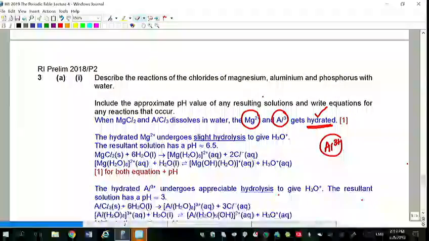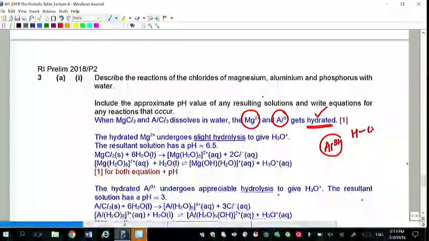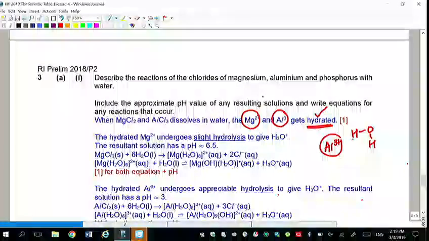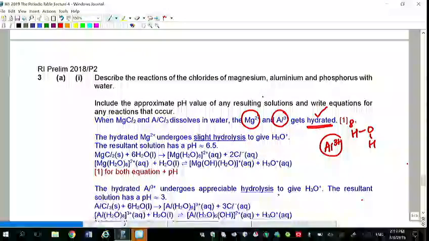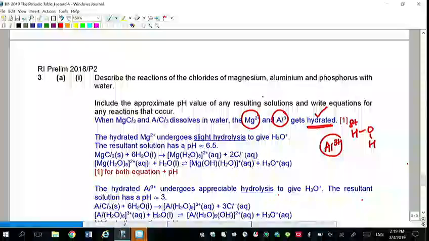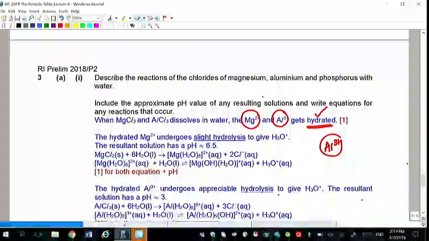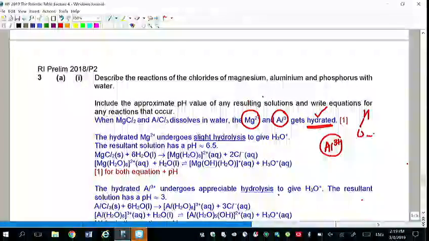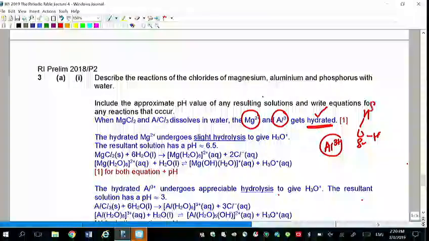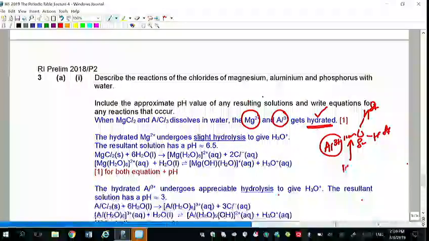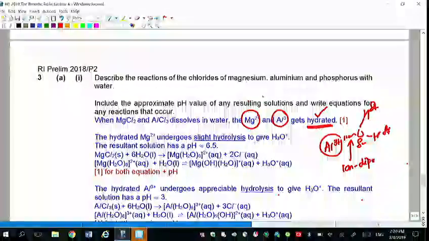Redraw this. It will be able to surround your Al3+ or Mg2+ by ion-dipole interaction. This is ion-dipole interaction.